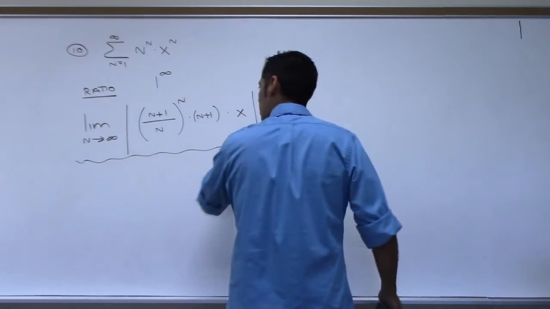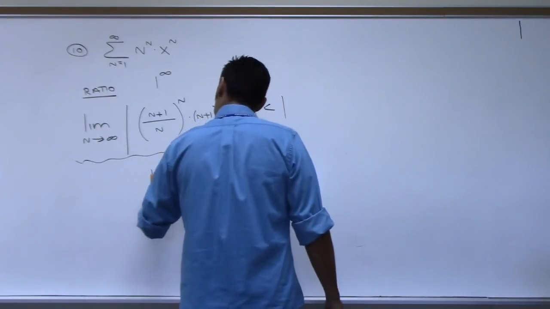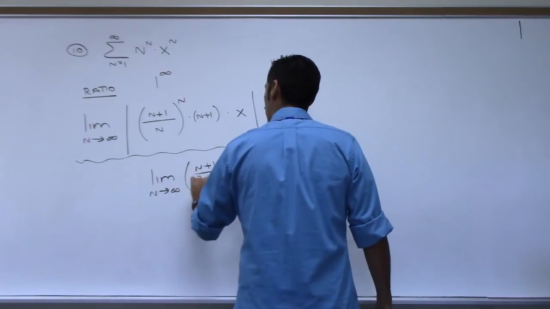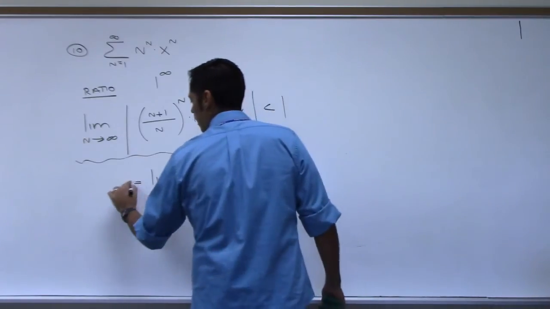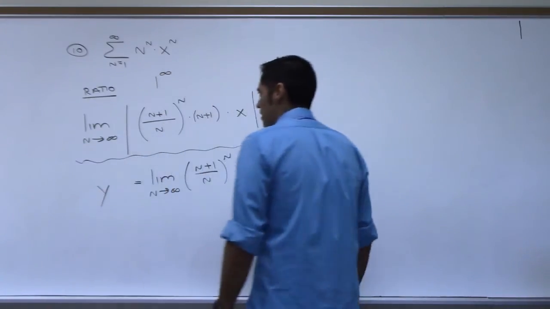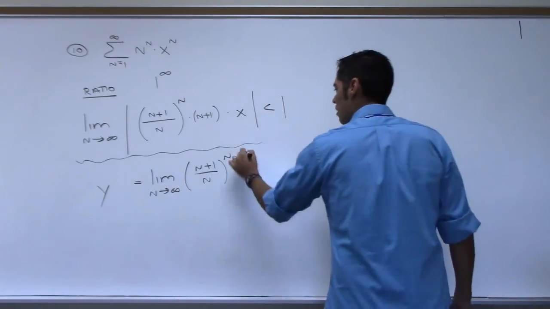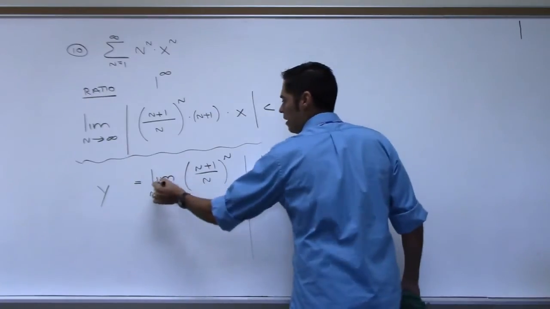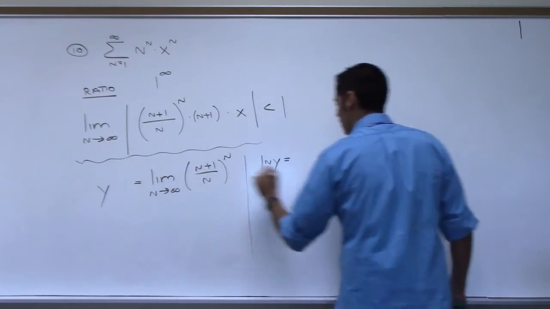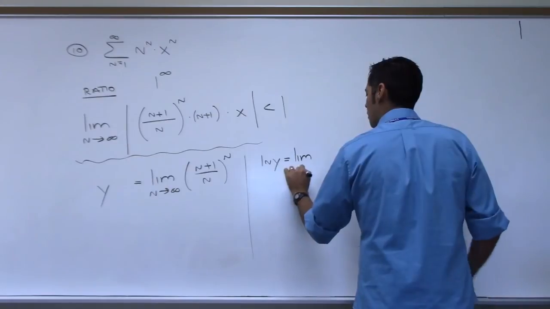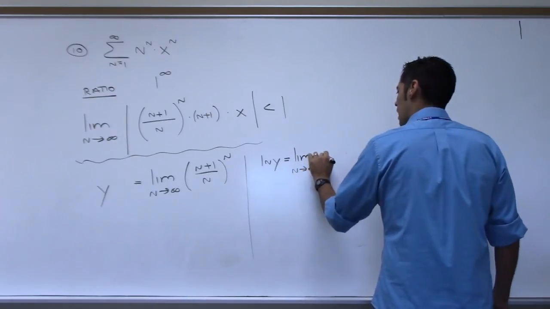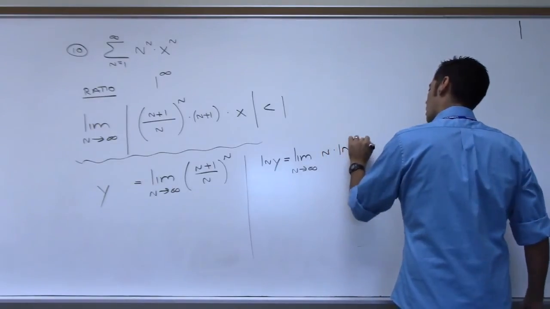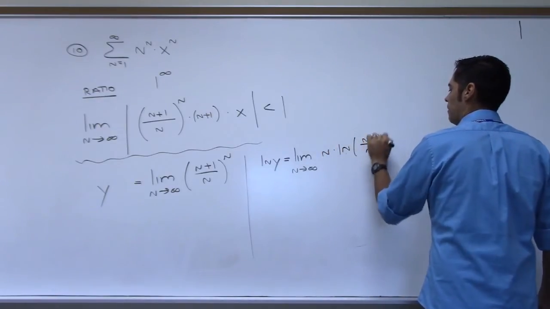So separate work. What is the limit as n goes to infinity of n plus 1 over n to the n? And this is where I call this y, and I take natural log on both sides. So natural log of y equals, when I do the natural log here, it passes into the limit, and the n comes down. So limit as n goes to infinity of n times natural log of n plus 1 over n.